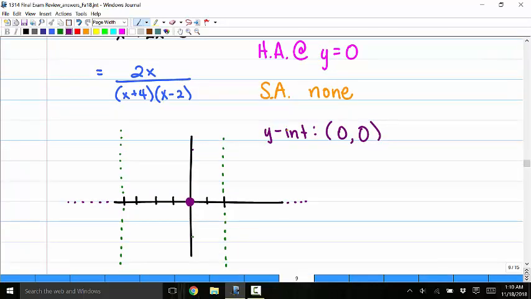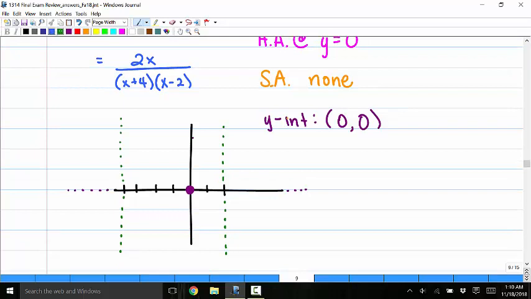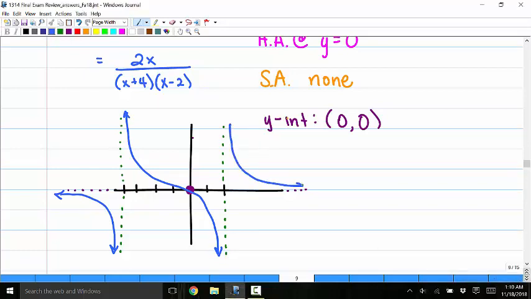Now I cheated and graphed this on my graphing calculator, and I got something that looks like this. You could pick y values less than negative 4, plug those in, and you would see that they were all negative. So you'd know to graph it down here in this area.